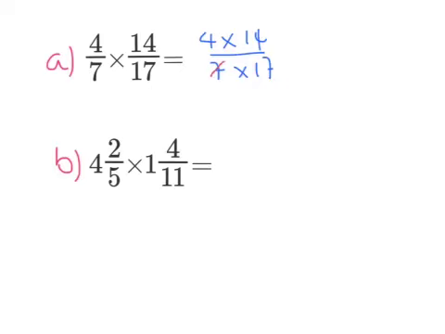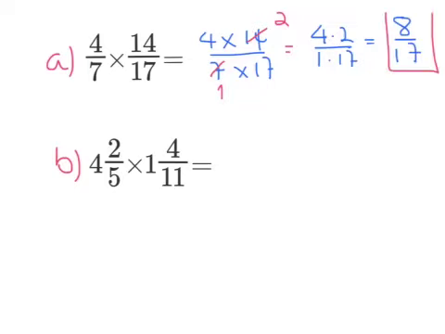So 7 divided by 7 becomes 1, and 14 divided by 7 becomes 2. So now the multiplication becomes 4 times 2 divided by 1 times 17. So, in other words, the final answer will simply be 8 over 17, and that's it.